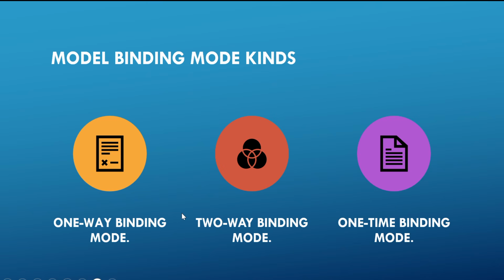Then what is the one-way binding mode and what is the two-way binding mode? The one-time binding mode means that throughout the application, only one time we have to bind. That's it. That is one-time binding. One-way binding mode means either you bind from the view to the model, or we bind the data once we get it from the backend system.